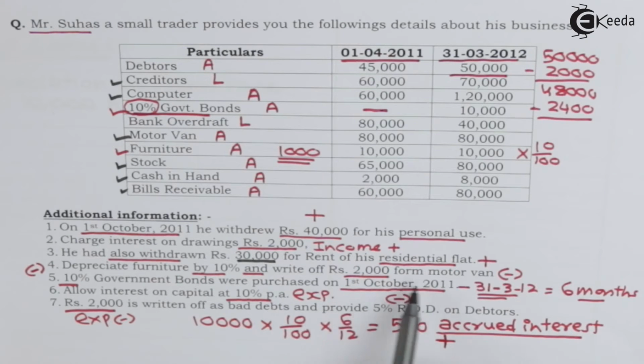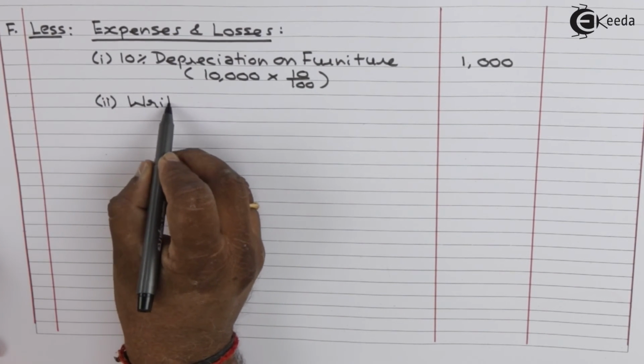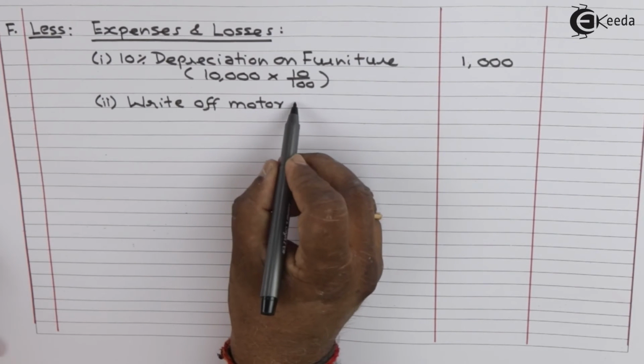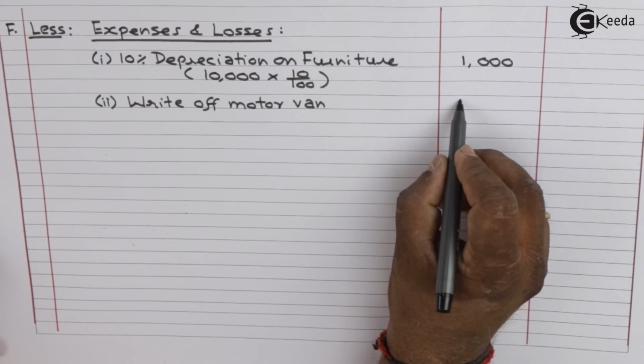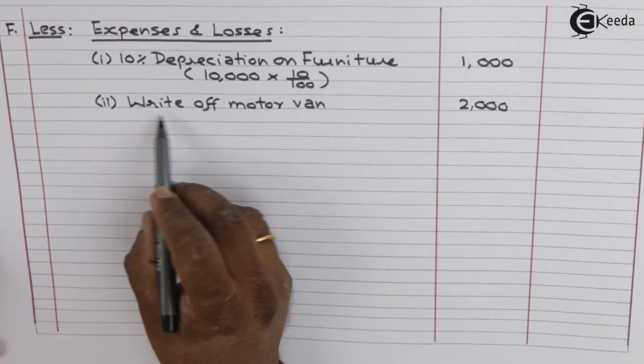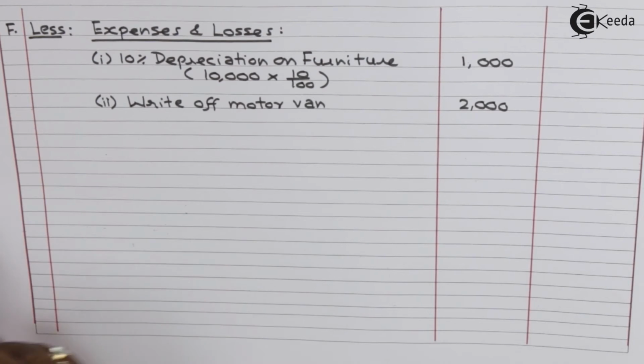Write off 2,000 from motor van, that is depreciation on motor van, 2,000.